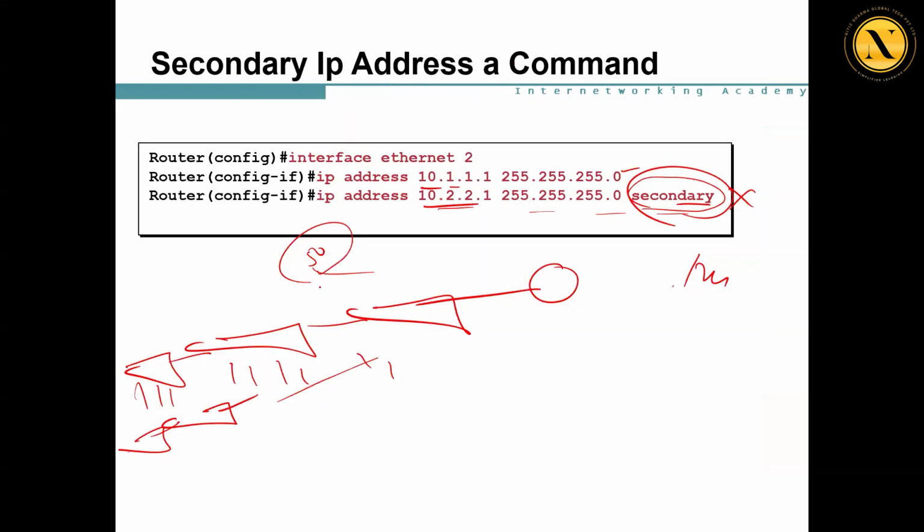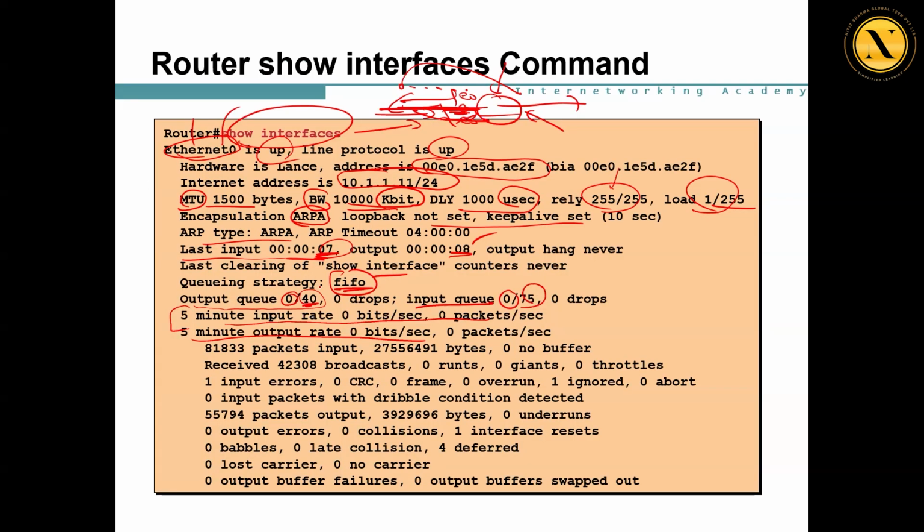Okay, and sorry, where am I? It says so far this many packets have been received on this Ethernet 0, and it had this many bytes. I have received this many broadcasts, and 0 runts and giants, which we talked about yesterday, right? Throttles, ignore it.